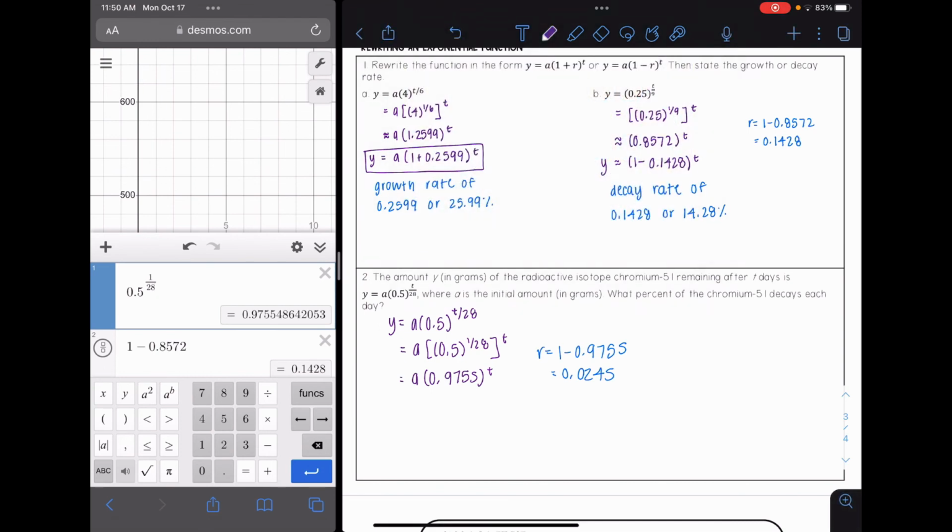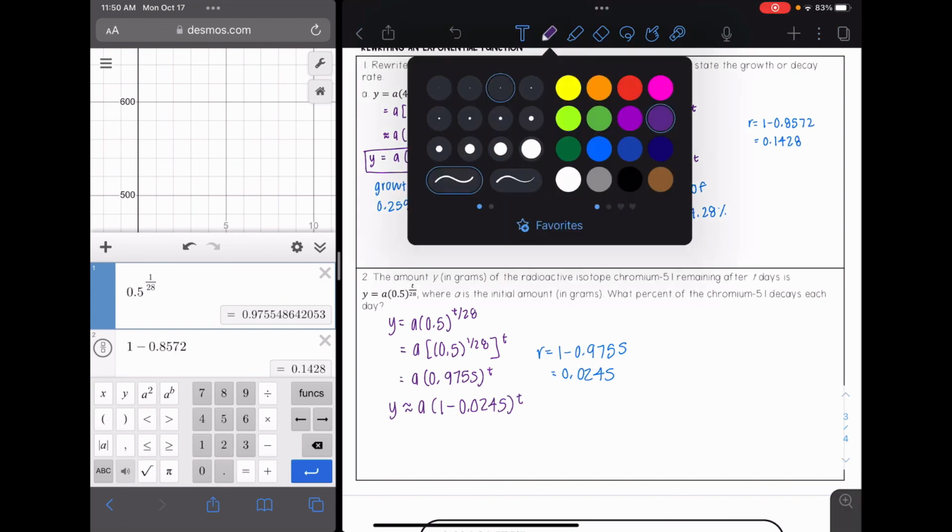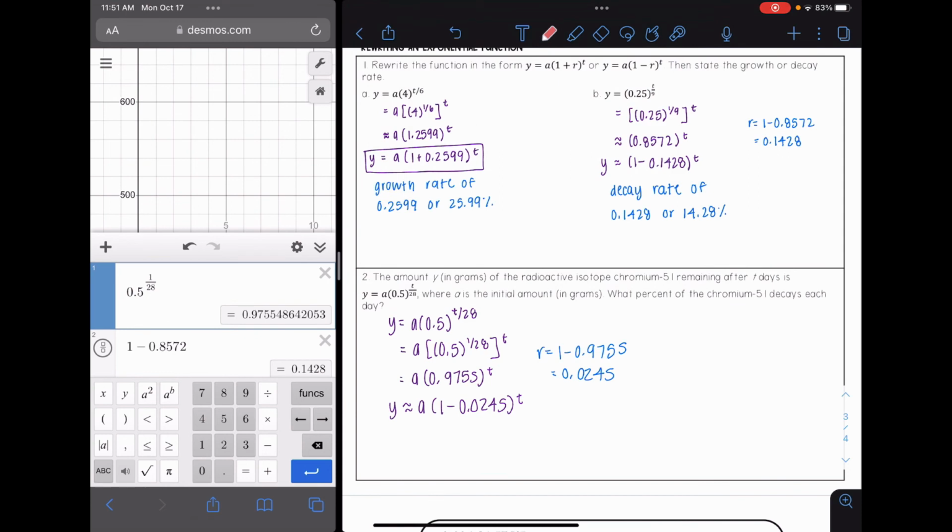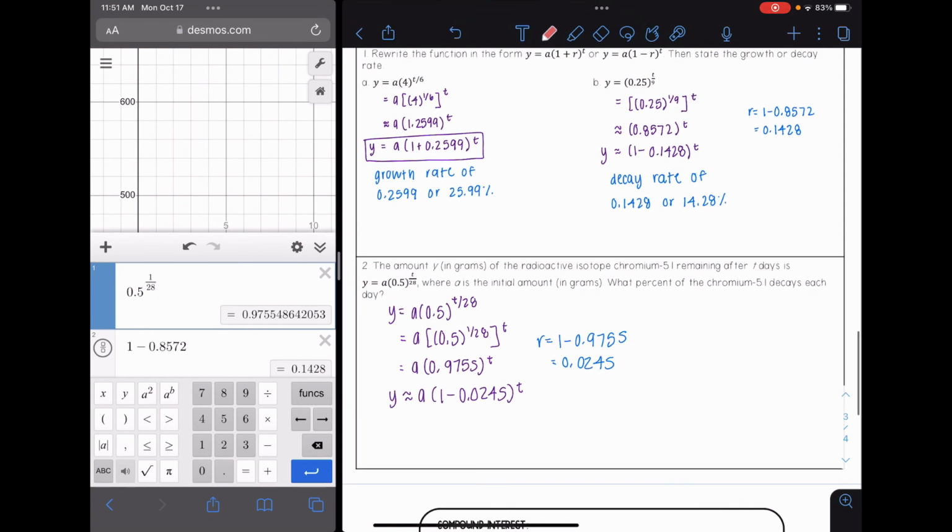And so y is approximately a times (1 minus 0.0245) raised to the t. And so that means that the daily decay rate is about 0.0245 or 2.45%.